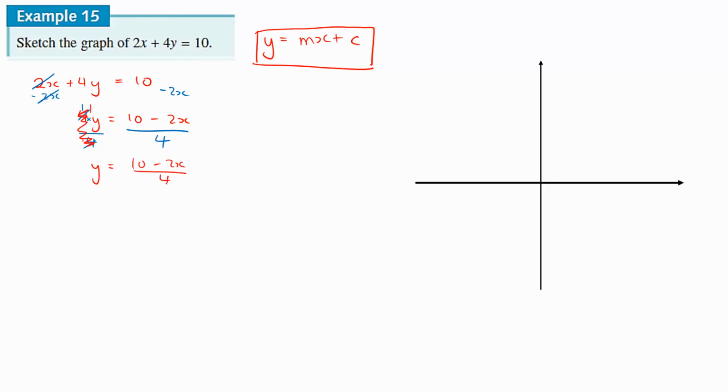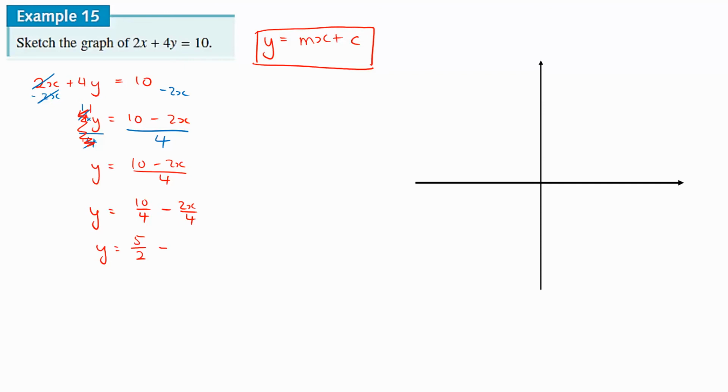I know a lot of students don't like fractions, but you're going to have to work with this. You can split this fraction up into 10 over 4 minus 2x over 4, because the denominator is the same. Back to grade 3 and 4 maths, splitting fractions. So now I've got 2 fractions there. I can simplify that. 10 on 4 can be simplified down to 5 on 2, because I can divide 2 into 10 and 2 into 4.